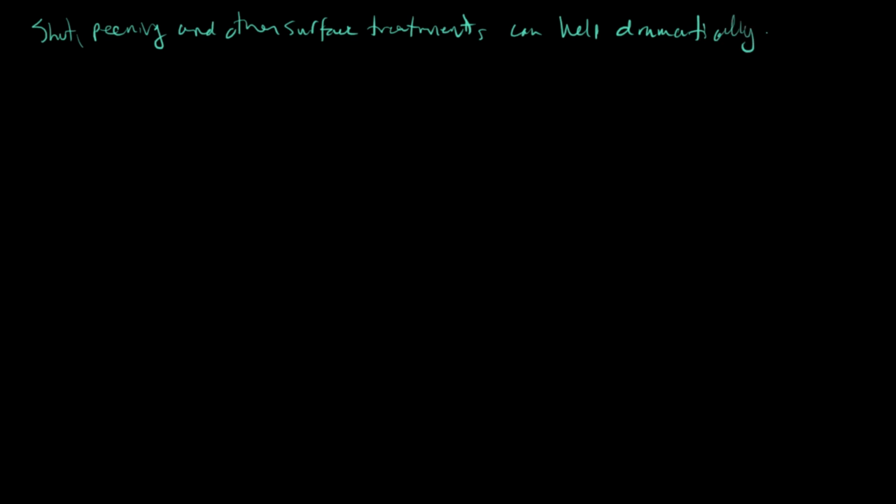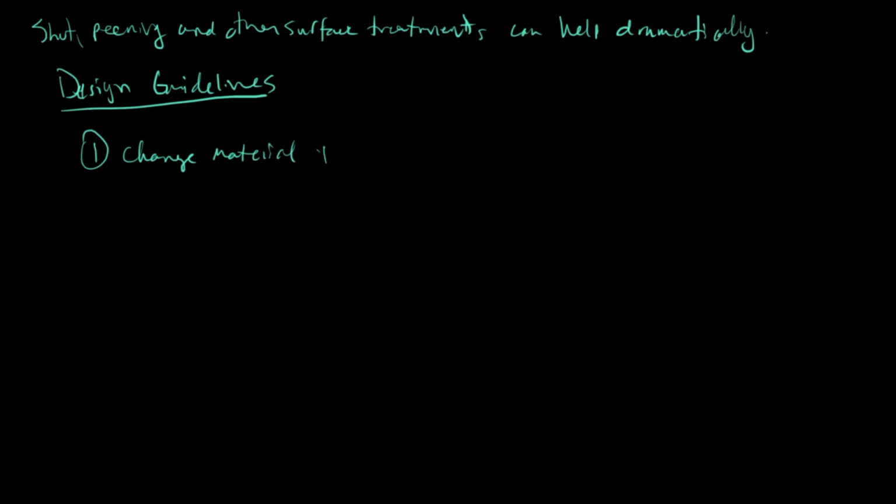Alright, so there are some basic design guidelines, and that's really the big picture of it: when you have materials that corrode, or you have materials in a corrosive environment, you really got to do something. So there are some design guidelines for stress corrosion, or when you expect corrosion to occur. There's a few things you can do. Number one is you can change the material to a less reactive material in that environment.